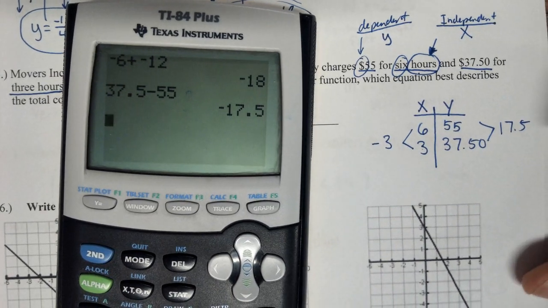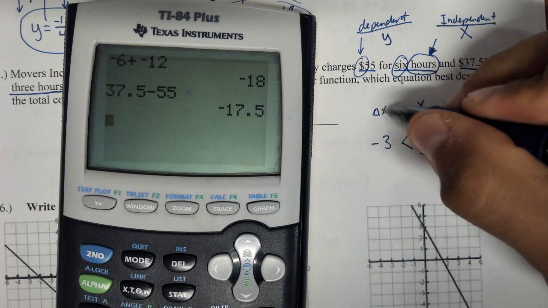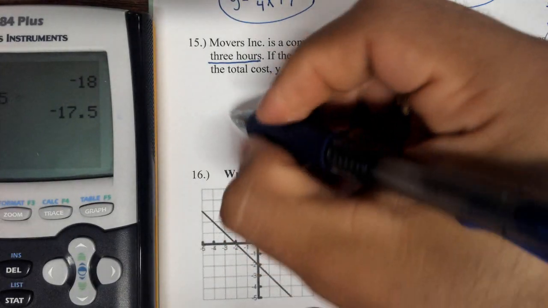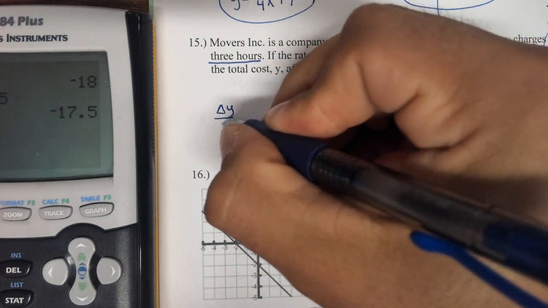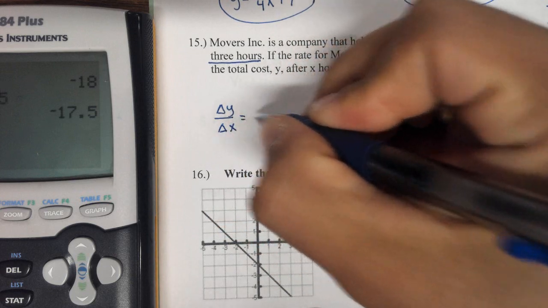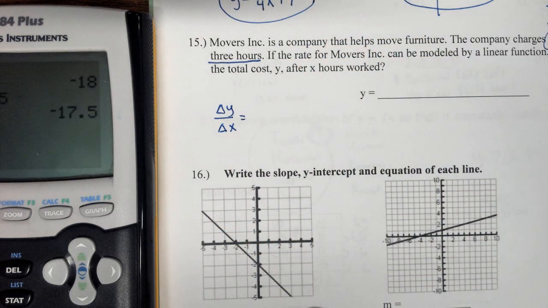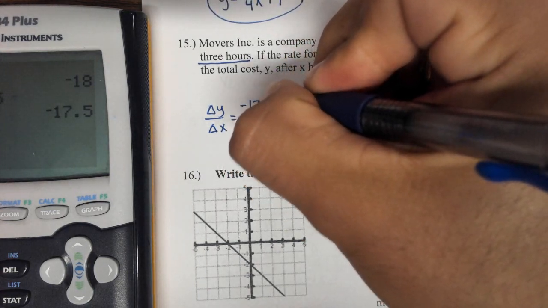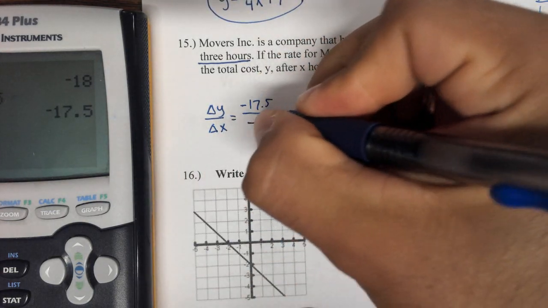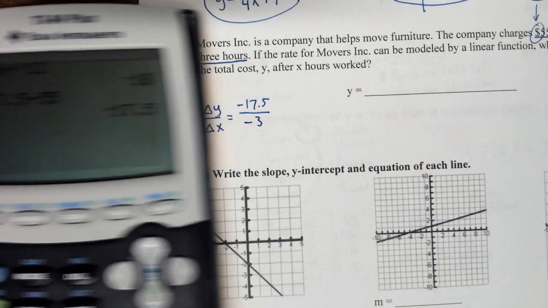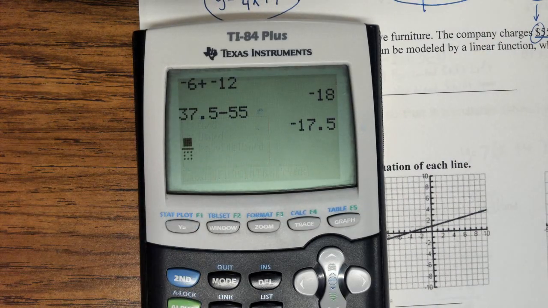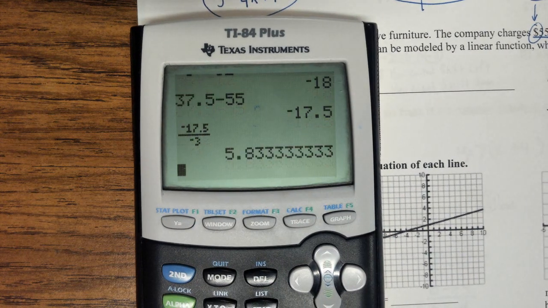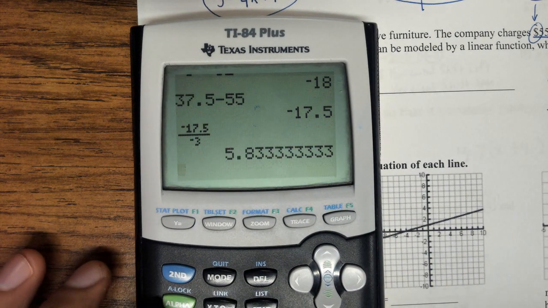Right, so I have my delta x and my delta y. Then we do delta y over delta x. My delta y was negative 17.5 over negative 3, which gives me 5.833 repeating.